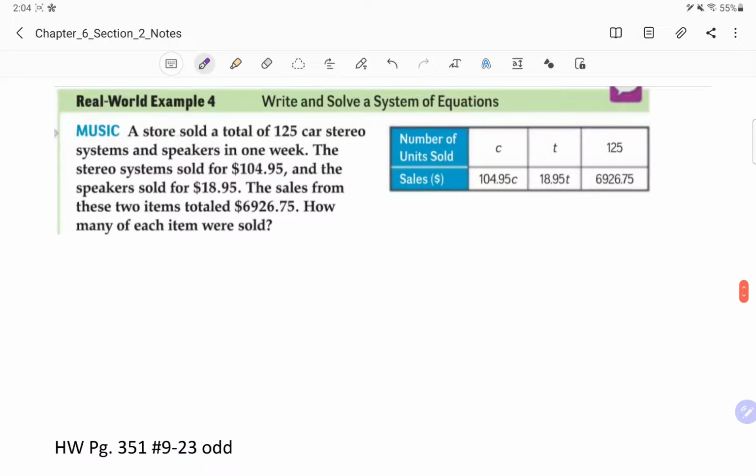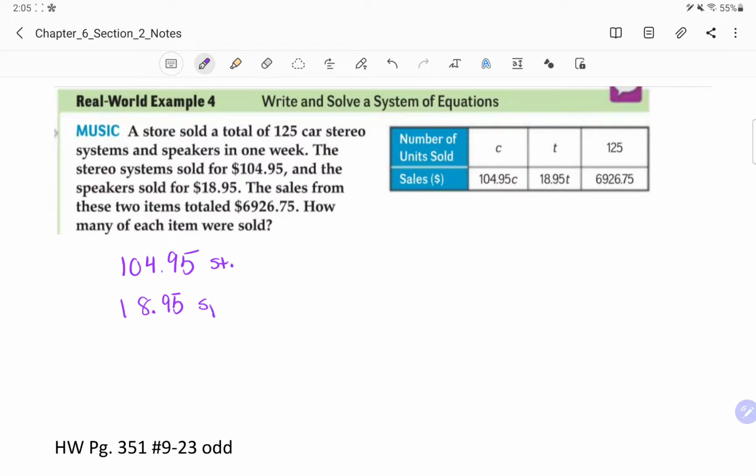All right. So it says a store sold 125 car stereo systems and speakers in 1 week. The stereo systems sold for $104.95, and then the speakers sold for $18.95. This is for the stereo.